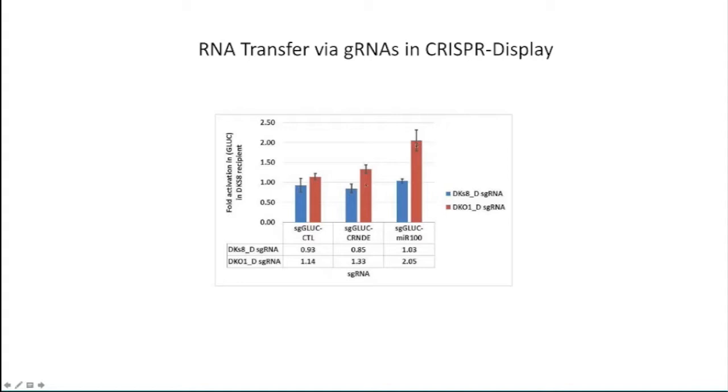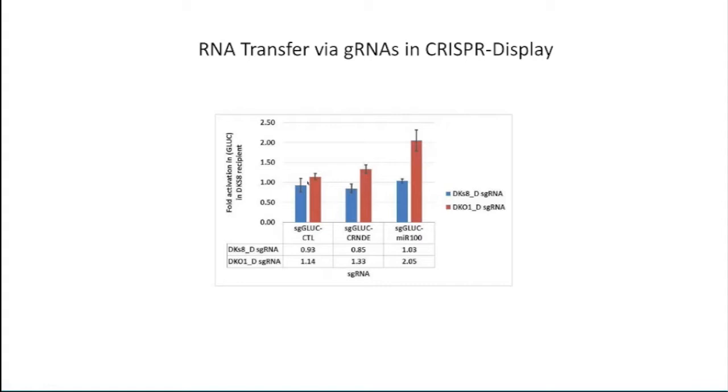If we put a longer non-coding RNA in there, this is the CRNDE, a roughly 700 nucleotide long non-coding RNA, that basically isn't transferring, and this is the no guide RNA, normalized, so this is basically no transfer of the guide RNA. And that's the point of this assay: we are not seeing any transfer of the guide RNA unless we add an RNA element that endows it with the capability to transfer from donor to recipient cells.